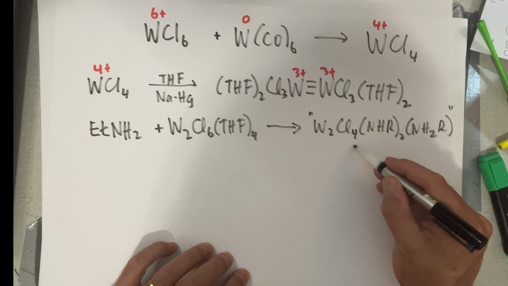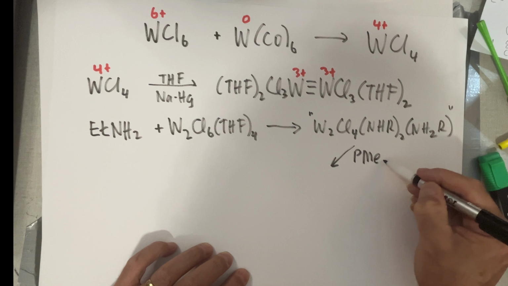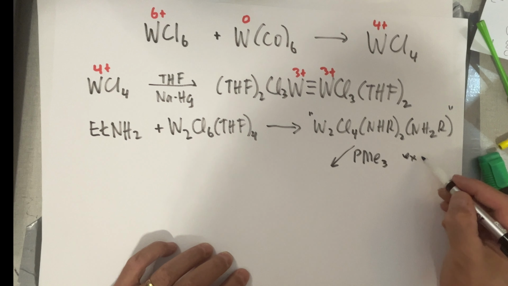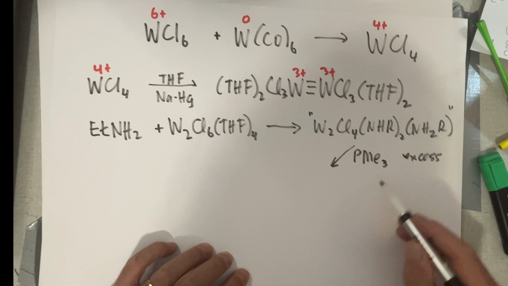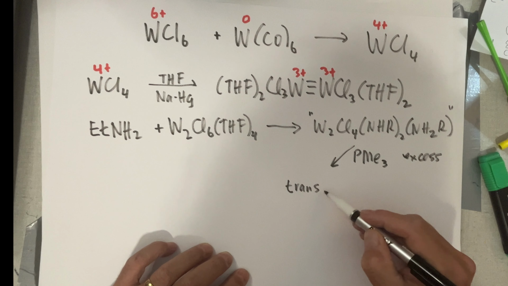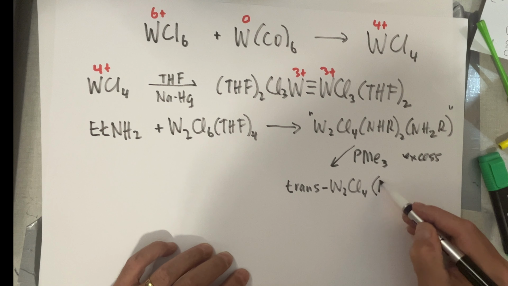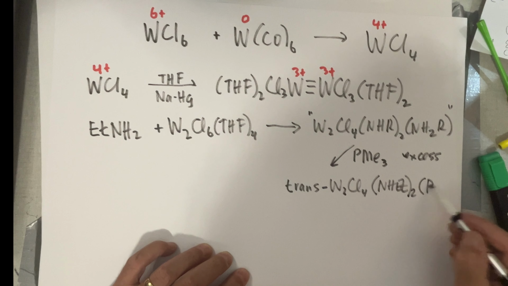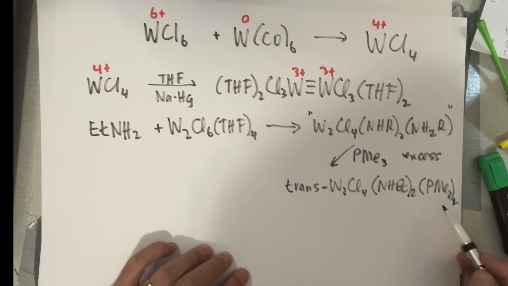Then what happened was they treated this with the phosphine, trimethylphosphine in this case, and this was used in excess. And the product that they formed then was the trans isomer that we've talked about, trans tungsten and the phosphines, two of those.